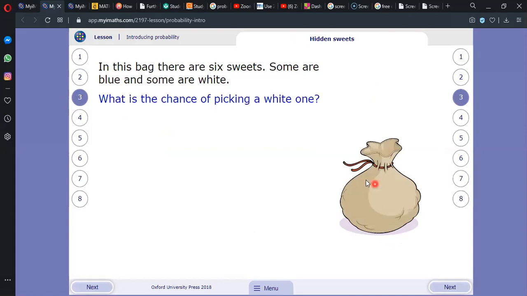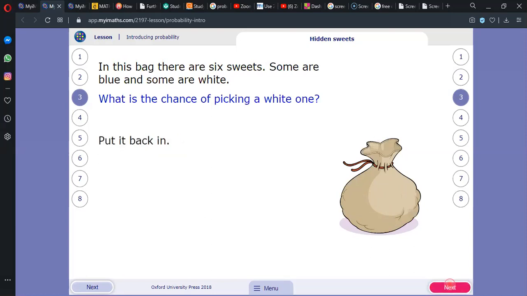But in the case of this bag, we don't know the number of sweets inside. So we can't even say how likely it is or the chance that we have for picking a white one, since we don't even know the number of whites. It is even possible that there are no whites inside this bag. So the answer to the question is we don't know, as we can't see in the bag. Okay, let's pick one out. It is white.